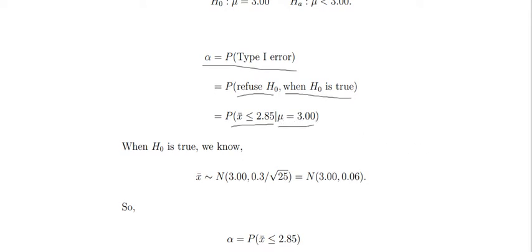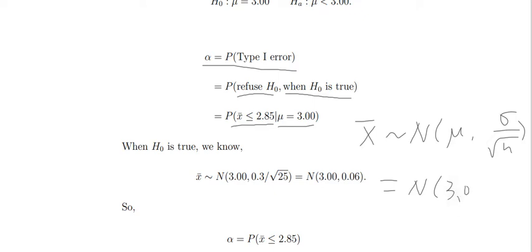So when mu equals 3.00, find the probability. We need to know the distribution of x bar. We know x bar follows a normal distribution with mean mu and standard deviation sigma over root n. In this case, mu is 3.0, sigma is 0.3, and n is 25.